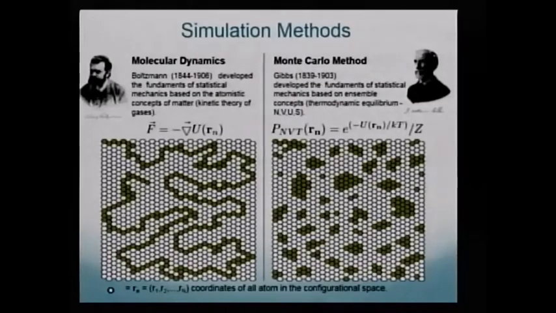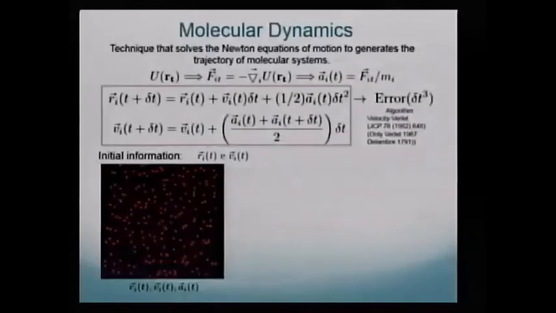So I can generate structures randomly, calculate the Boltzmann weight of each, and generate structures with this probability distribution. So with Monte Carlo, you generate structures, but not following a trajectory, by random. And in the end, if you wait long enough, you are going to visit all the configurations. Both methodologies are going to be the same.